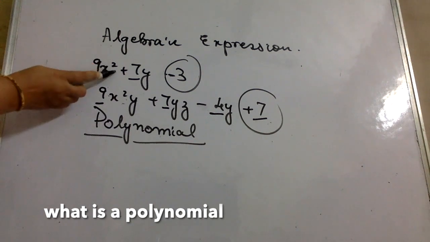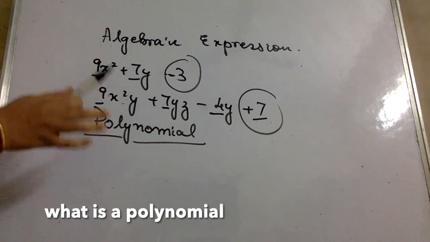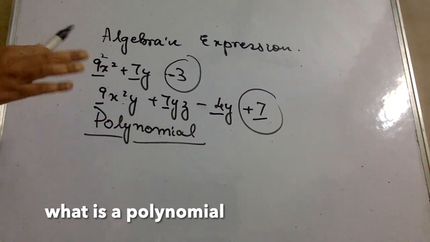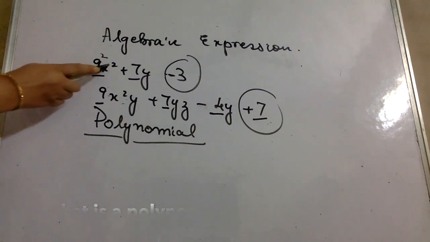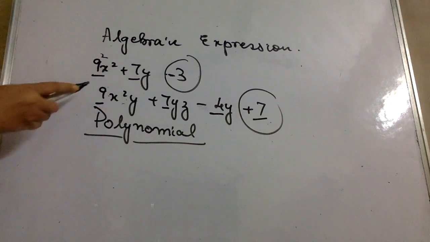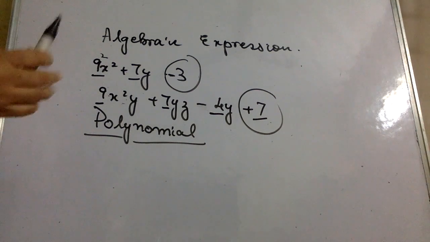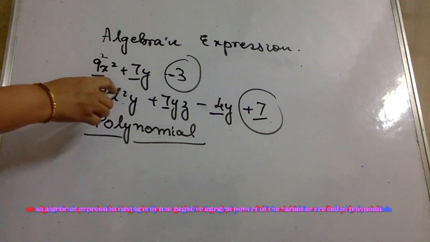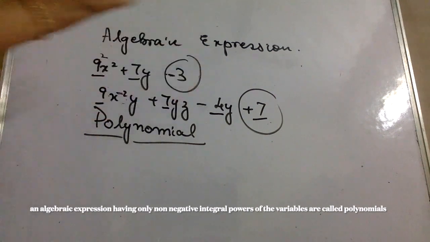This is the power of the variables, not of the numbers, not of the coefficients. Remember, if I make it 9 square here, that doesn't make any difference to whether it's a polynomial or not. These powers have to be non-negative. They can't be negative. Of course they can be 0, but they can't be negative. If I write a minus 2 here, it does not qualify. Then this expression will be only an algebraic expression but not a polynomial.